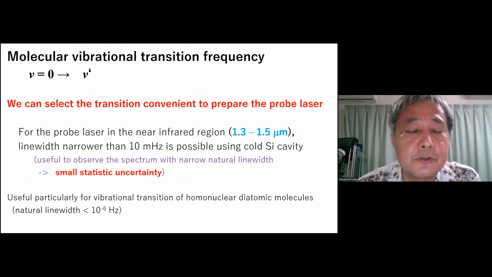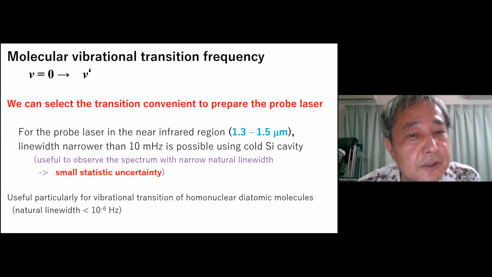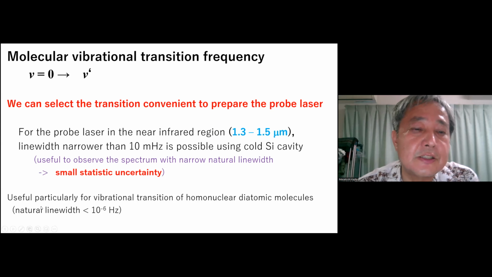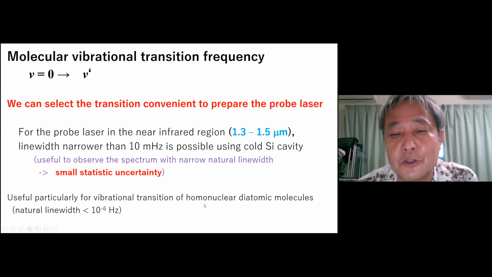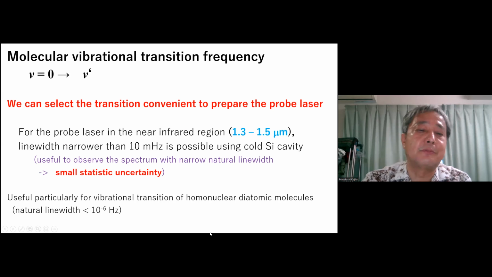Then an ultra narrow line width laser is very useful to observe the transition spectrum of molecular transitions with narrow natural line width, particularly with homonuclear molecules. And it is useful for vibrational transitions of homonuclear diatomic molecular ions.